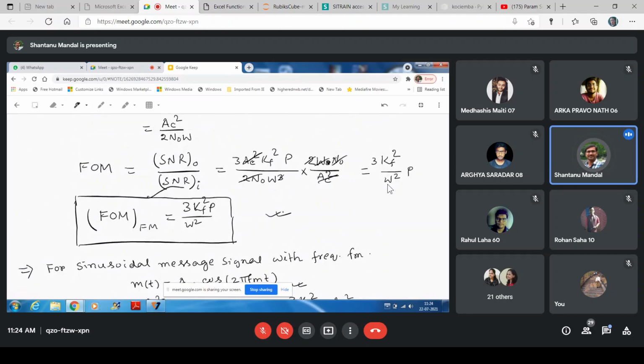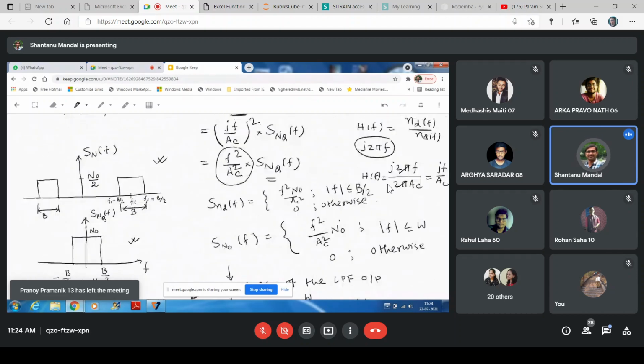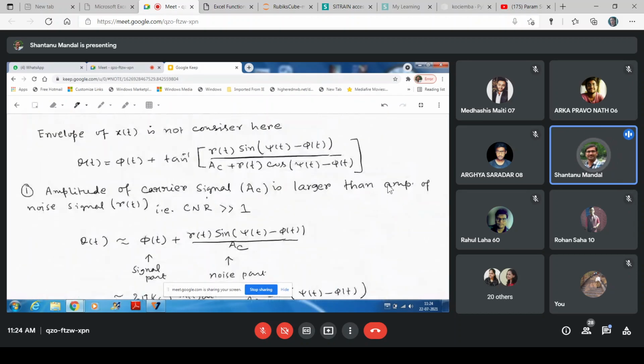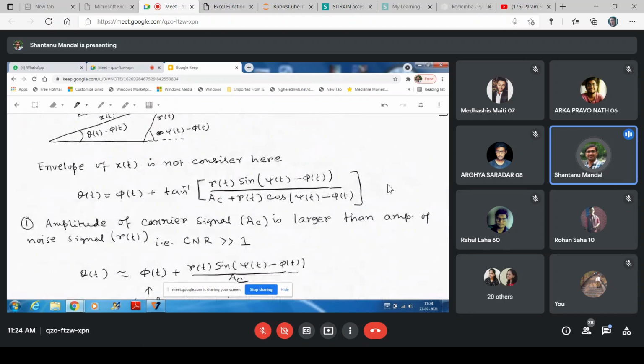So that is the figure of merit of the FM signal, and this is the case when the carrier to noise ratio, CNR, is greater than 1. So here we consider the amplitude of the carrier signal larger than the amplitude of the noise signal.